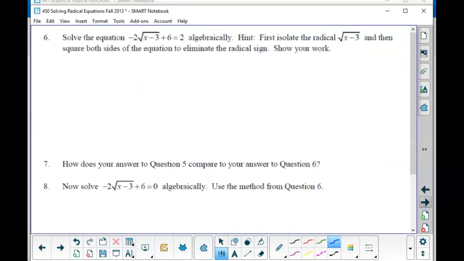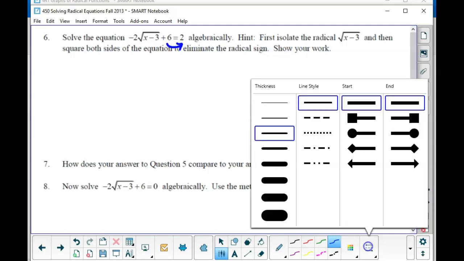Question 7 says solve that equation algebraically. So notice the similarities. The left side is the same as the graph. The right side is 2. That's what we just graphed, basically. So algebraically, it gives you a hint. First, isolate the radical, and then square both sides. So here, we want to get the 2 to the right.